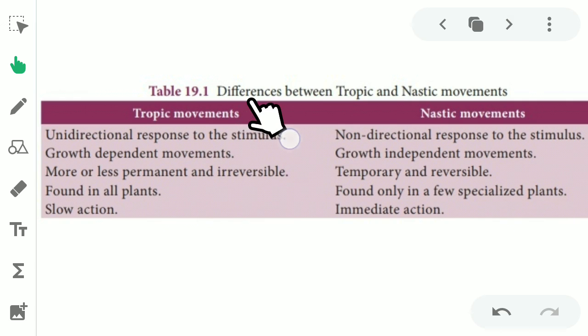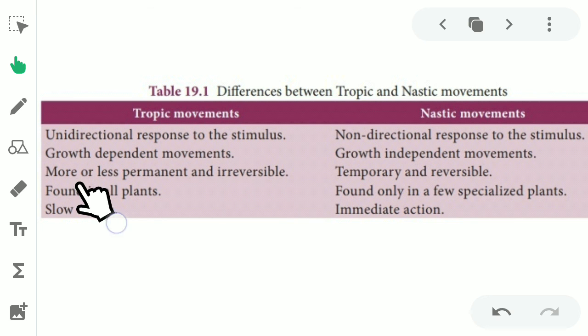Let's see the differences between trophic and nastic movement. Trophic movement is unidirectional in response to the stimulus. Uni means single, only one direction. Nastic movement is non-directional: the plant or plant part responds to the stimulus in any direction. Trophic movement is growth dependent, while nastic movement is growth independent. Trophic movement is more or less permanent and irreversible.